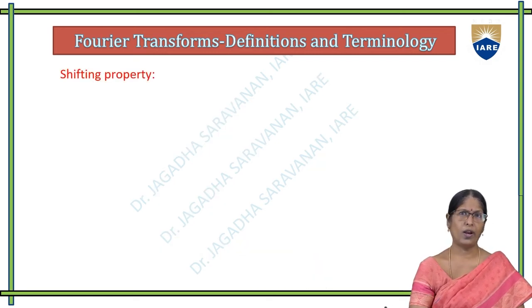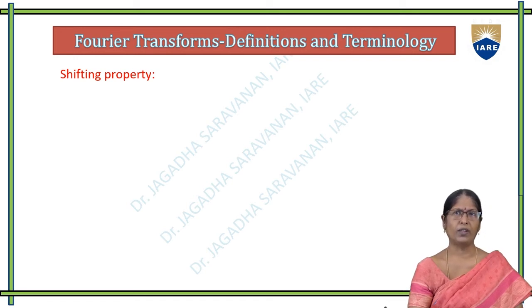The next one is the shifting property. How do we obtain this property from our Fourier transform?